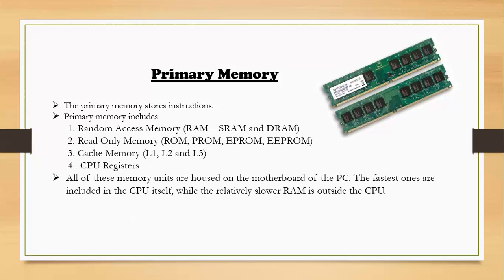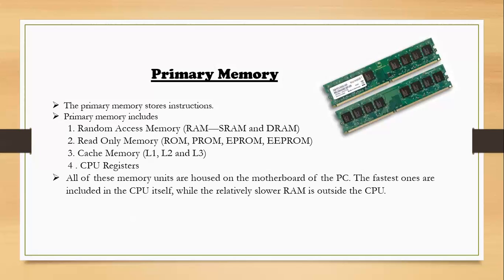Whenever read-only memory is manufactured, sometimes it comes blank, and you can program it. Another form is EPROM, erasable programmable read-only memory. You can erase the content stored in the ROM and you can reprogram it. You can erase the program and put in a new program.